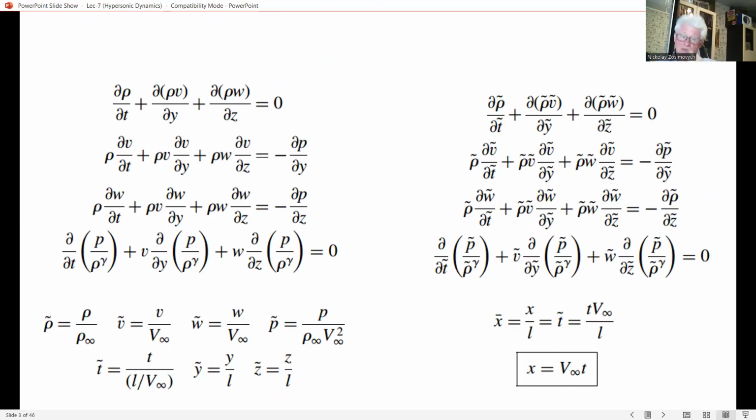Note that in our previous work, the x-axis is in the free stream direction, and hence the YZ plane is perpendicular to the free stream direction. Do you agree with me? Okay, nice. Because we are dealing with flow in the YZ plane only.